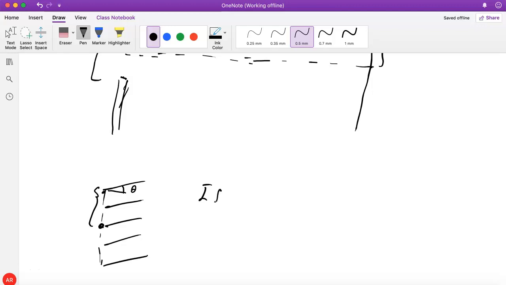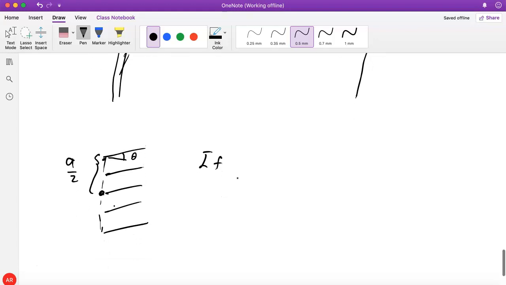And let's say this is a over 2 from the center to the top, and then you move the same distance below, so you pair up this with this, and you keep pairing up all of these wavelets, all of these waves from different parts of the opening.